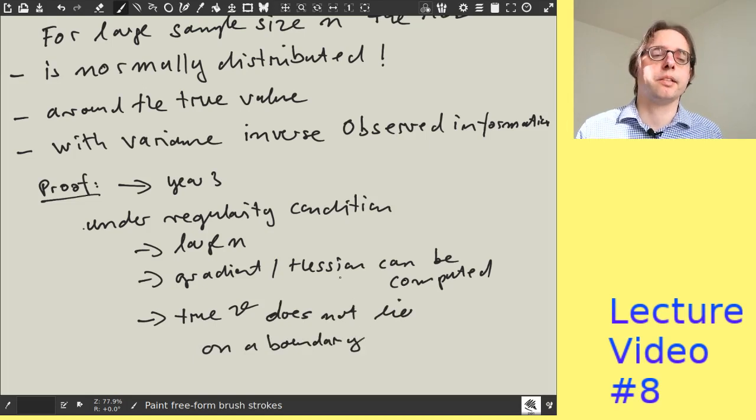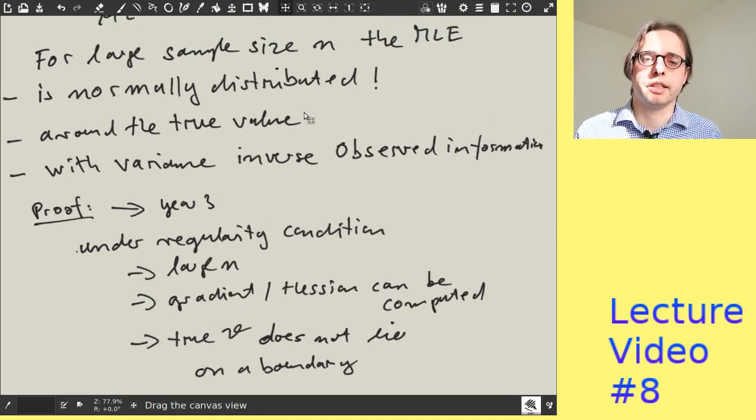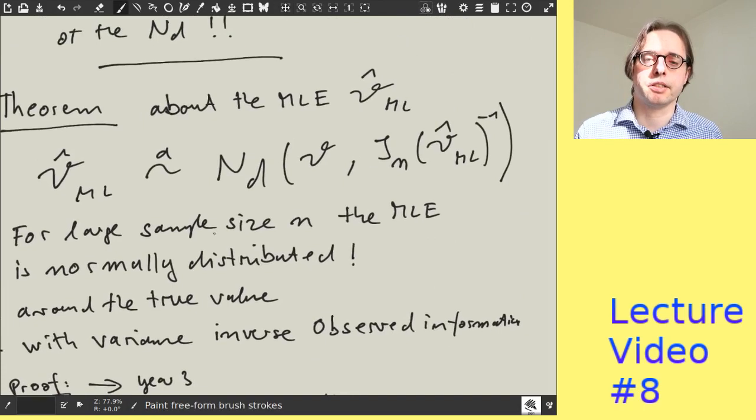So basically, if you can compute the Fisher information, then you can assume that for large n, the estimate is normally distributed.